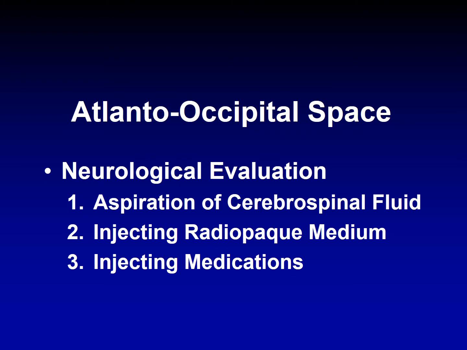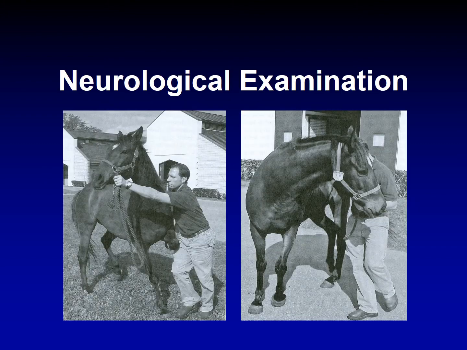for neurological evaluation, like this case here. This is a case for neurological evaluations. You do a complete neurological exam, all the way from gait analysis, from the way the horse looks and everything, and then after you reach a decent conclusion that, okay, well maybe it's a neurological case, then the best part is to put the horse to sleep and actually do the collection of the cerebrospinal fluid from the Atlanto-occipital space.